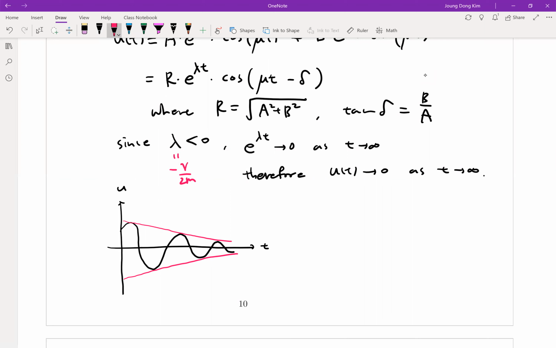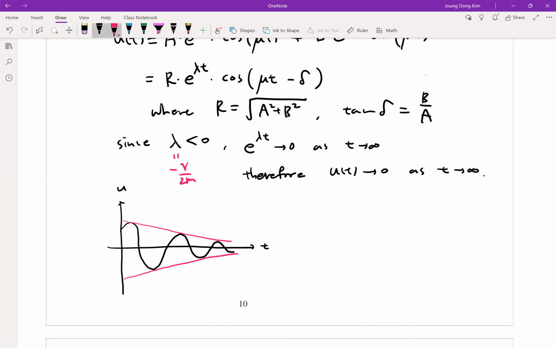So for this one, we can talk about the frequency and period. But it is not exactly frequency and period, it's kind of like frequency and period. That's why we're going to use quasi frequency and quasi period instead of regular frequency and period.